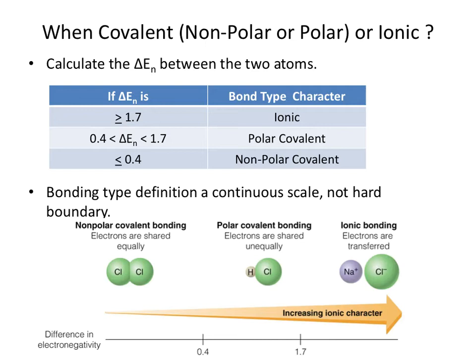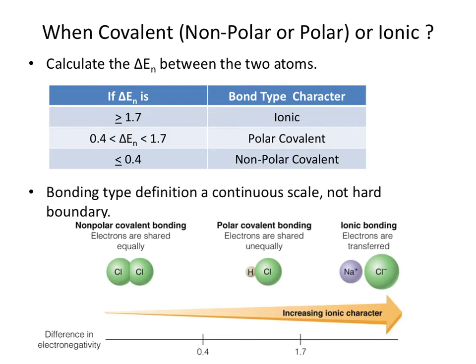Okay, as mentioned, the delta EN value between the two atoms is going to help us understand whether or not the bond character is nonpolar covalent, polar covalent, or ionic. Now, this isn't the only thing that's going to help us understand whether or not a material has ionic bonds or covalent bonds.